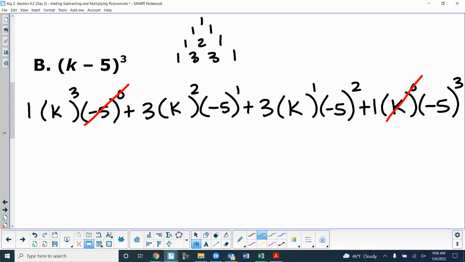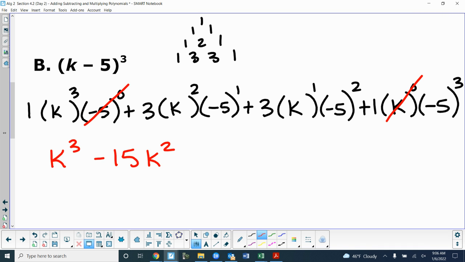All right, so what's 1 times k to the third? All right. I always do this second parenthesis first because it's going to have an exponent. What's negative 5 to the first? Negative 5 times 3, negative 15, and then k squared. What's negative 5 times negative 5?